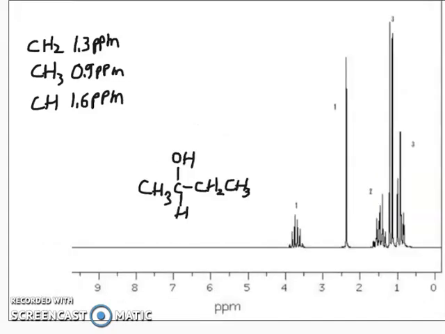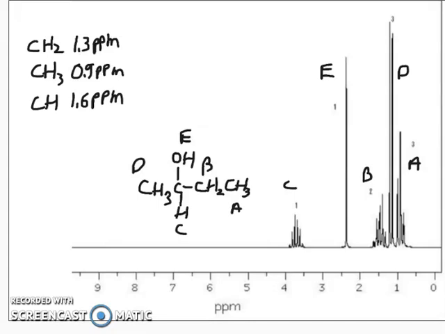I want to look next at this NMR spectrum, which is the NMR spectrum for 2-butanol, and I want to assign the peaks in the spectrum to the corresponding hydrogens in my structure. If we do that, this is what we get. And I want to look at what effect having my OH group in this molecule has on the chemical shift of the various groups here.